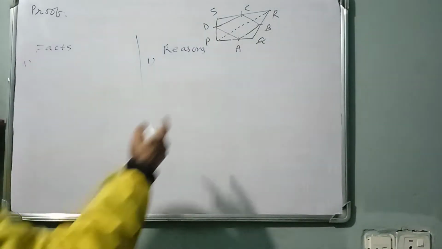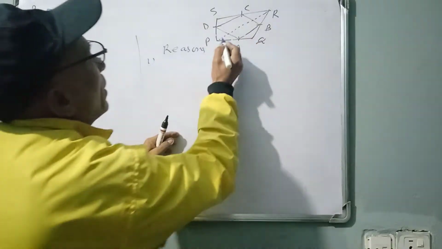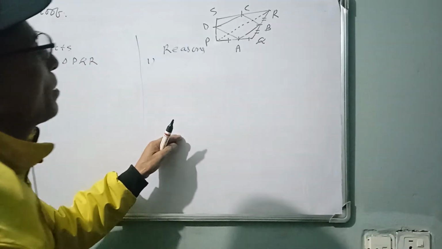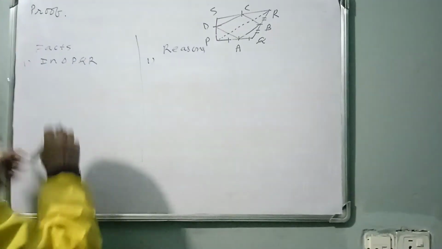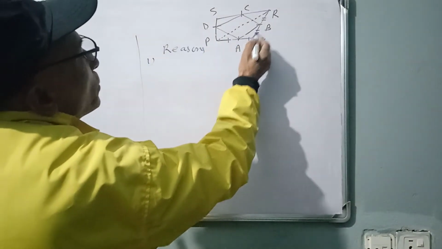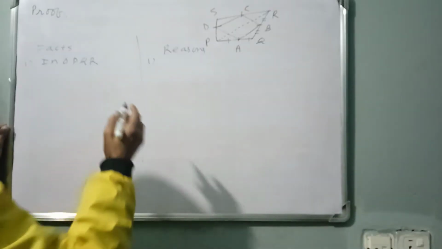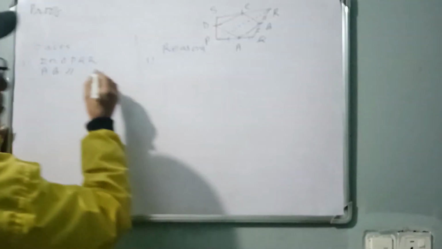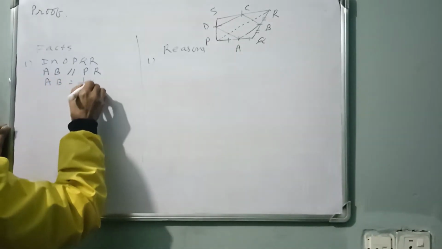Fact number 1, in triangle PQR, what can you write? Can you apply the midpoint theorem directly? Yes. In triangle PQR, A is the midpoint and B is the midpoint. AB is joined. So AB is parallel to PR and AB is half of PR.